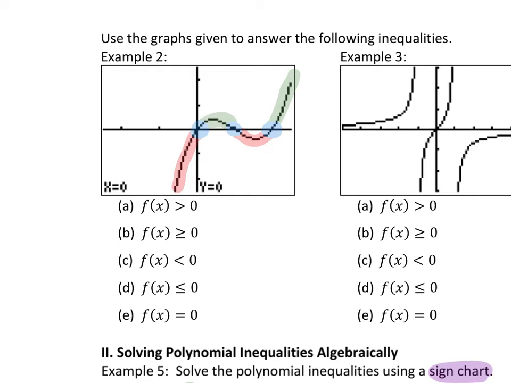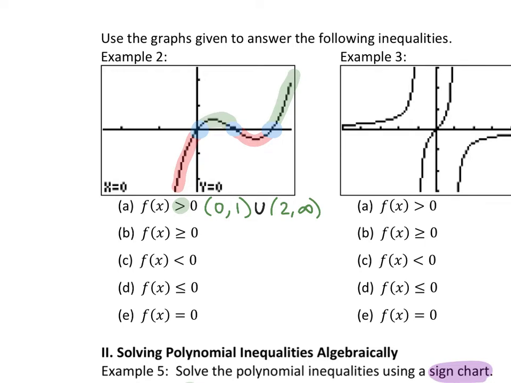So if this is my graph, and again, for part A, I only want where it's greater than 0. That means I only want from 0 to 1, and then from 2 to infinity, because that's where the green part is.